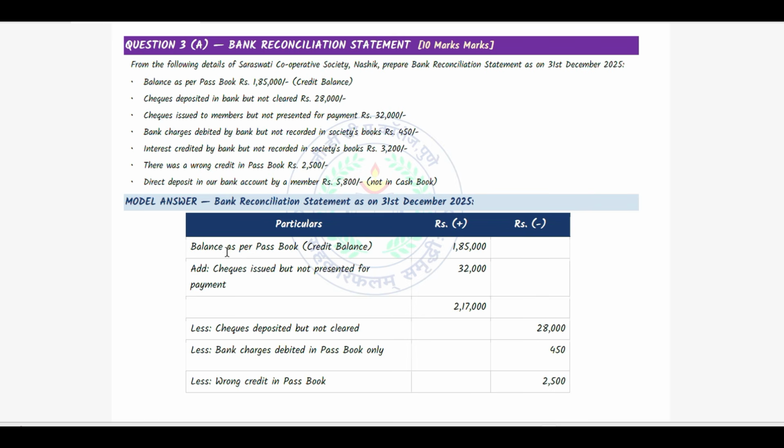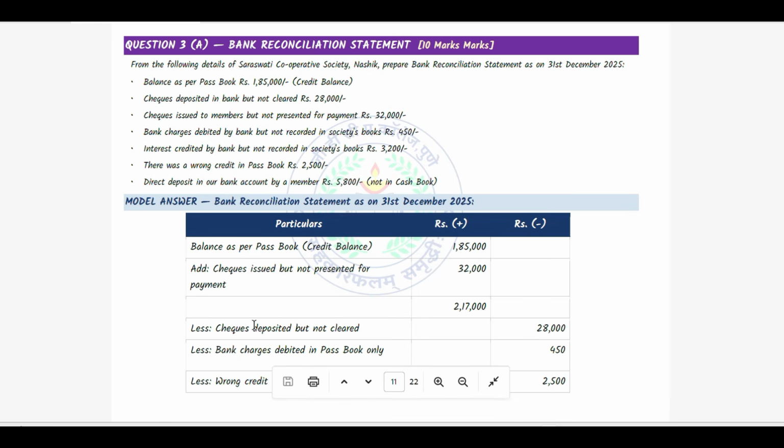Then balance as per passbook, which is given here, 1,85,000. We have to write it in the plus column. Add checks issued but not presented for payment, that is 32,000 rupees. So we plus these two amounts, and that comes to 2,17,000 rupees.